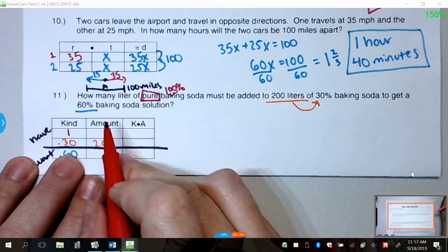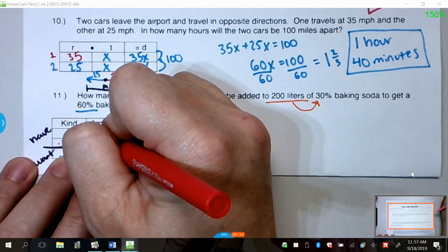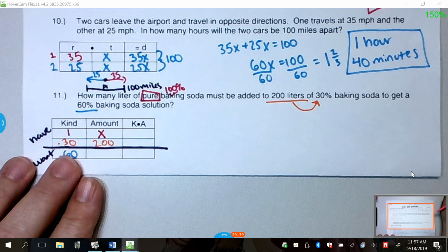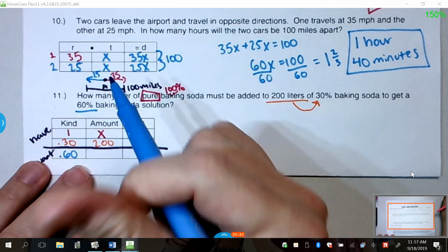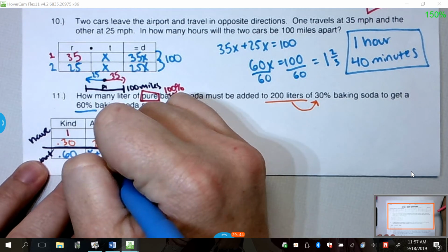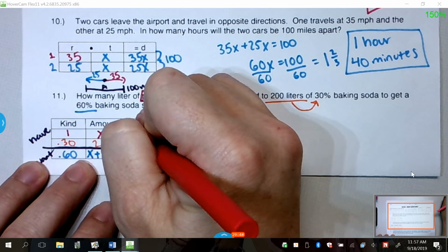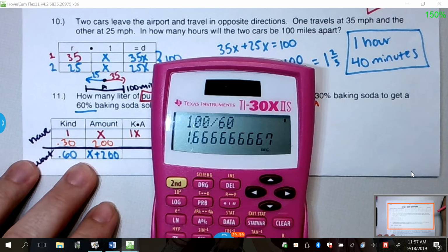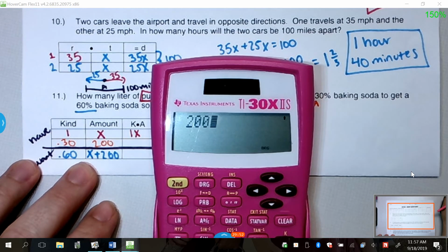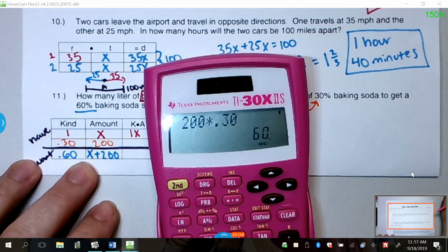It says how many liters of pure baking soda, so I don't know how many liters, so that's X. Now, X plus 200 is my total amount, and I need to multiply. So 1 times X is 1X. As your calculator is your best friend, 200 times 0.30 is 60.